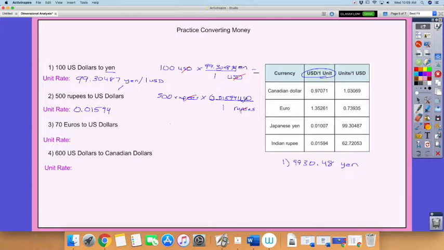And we're going to grab a calculator on this one, and let's multiply 500 times 0.01594. And as sad as this is, those 500 rupees are only worth $7.97 in the US.